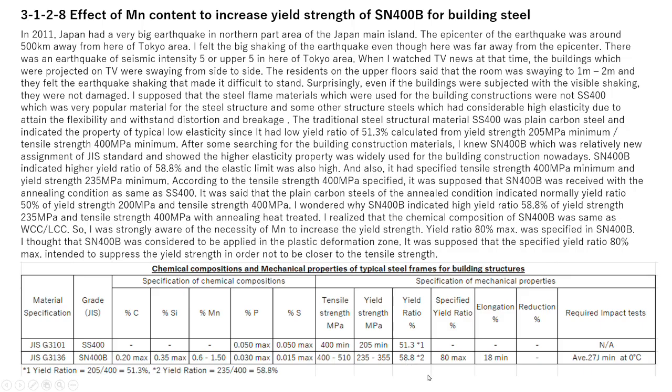So also, the material specification specifies the yield ratio, 80% maximum specified. This number, 80%. For me, I usually use pressure retaining material, so this area is unusual in the case of a specified yield ratio.